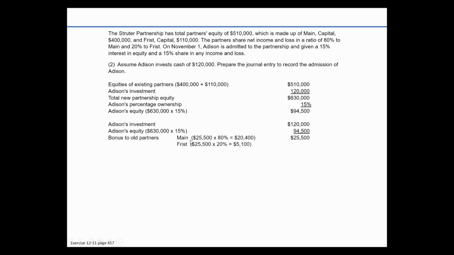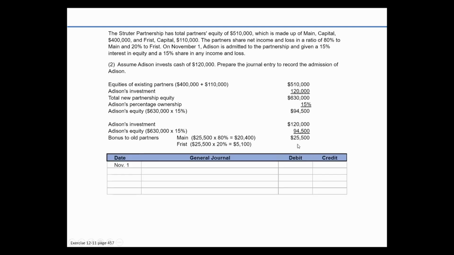which consists of, to Main, 80% of the net income or loss, which would be 20,400, and 20% for Frist, which would be 5,100. So that's how we allocate how much the bonus would be. So we receive cash in the amount of 120,000 debit. We would credit Addison Capital at 94,500, because that's the amount of equity she has in the business.